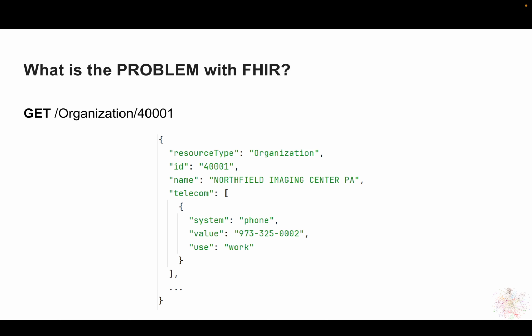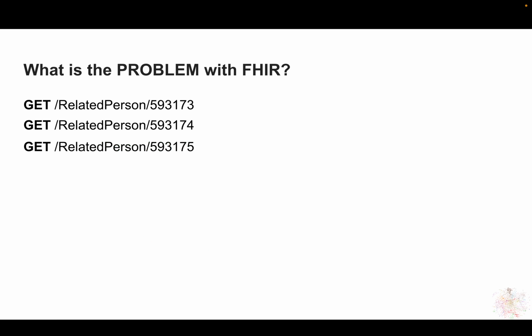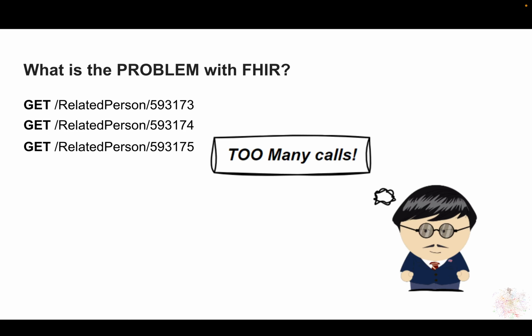So far so good, but what if we also want to retrieve the full information about each related person of this patient? Are we going to make a few more calls? How many? I believe it's too many calls for such requirements.